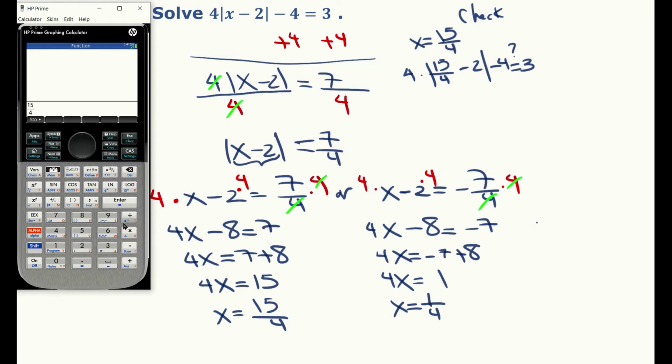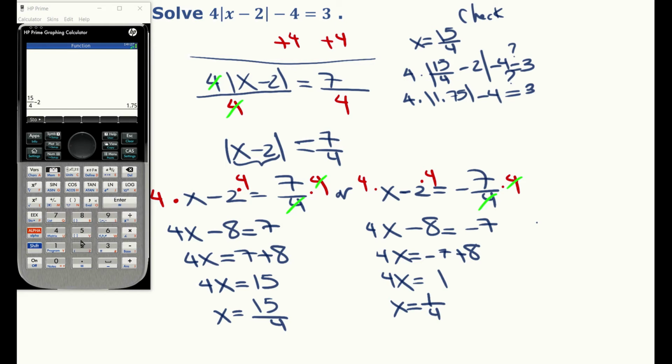Be careful, we gotta hit the right arrow. Minus 2. All right, so of course we can put that back into fractional form if we wanted to, but we don't really need to. So we can just go 4 times absolute value of 1.75 minus 4. We want to know if that's 3. Now, what is the absolute value of 1.75? 1.75 is a non-negative number, so it's its own absolute value.